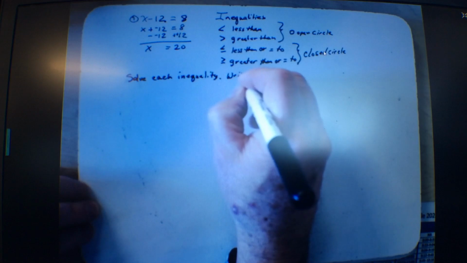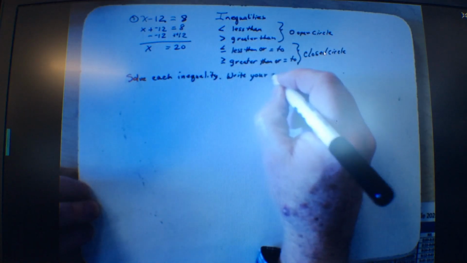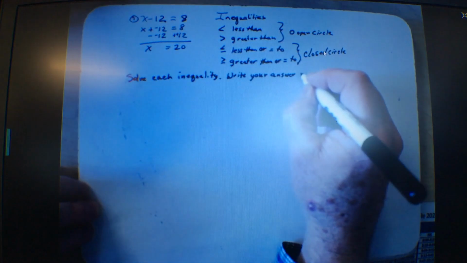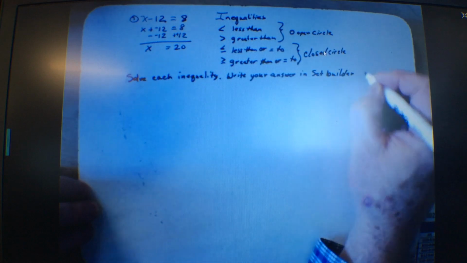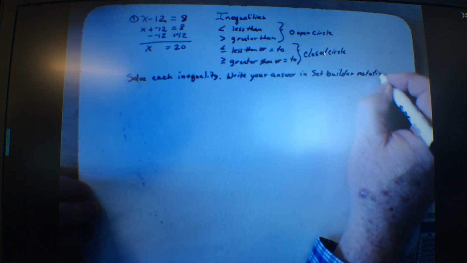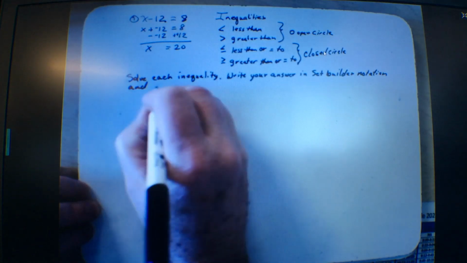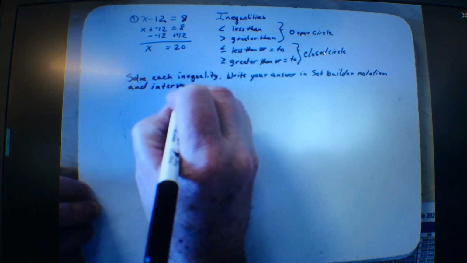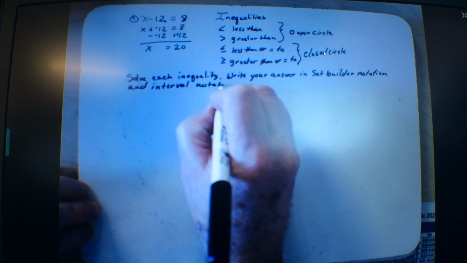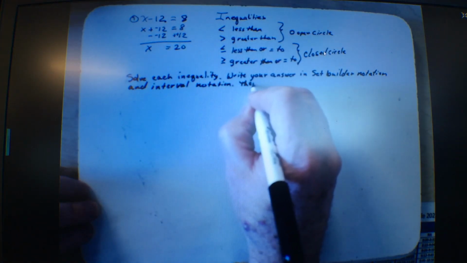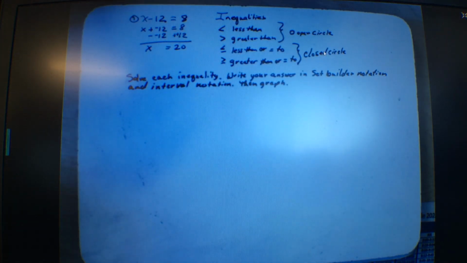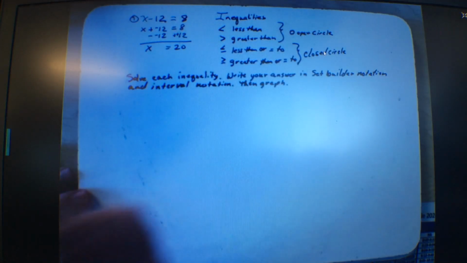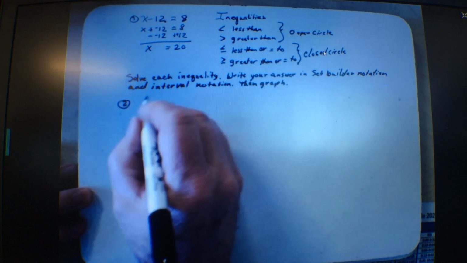Write your answer in set builder notation, and I'll explain all this in a minute, and interval notation, then graph. So there's 3 points there. And you have to do all three. Okay? So let's take a look here at this one.